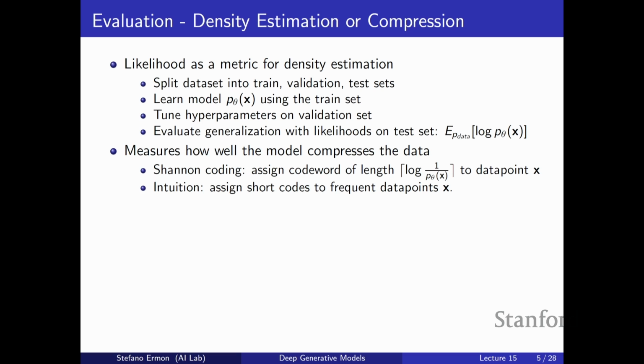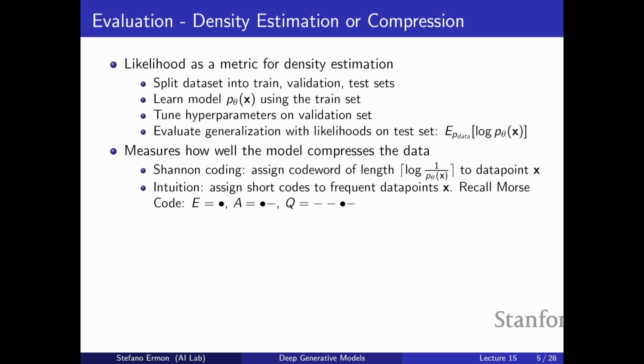So if you have data points that are very likely, they're very frequent, then you want to assign short codes. And if they are very infrequent, then you can afford to assign very long codes. You're not going to see them very often. And that's a way to compress data using a code.